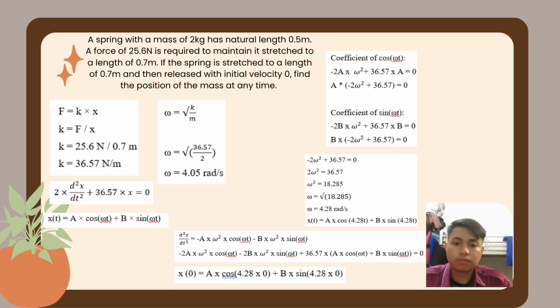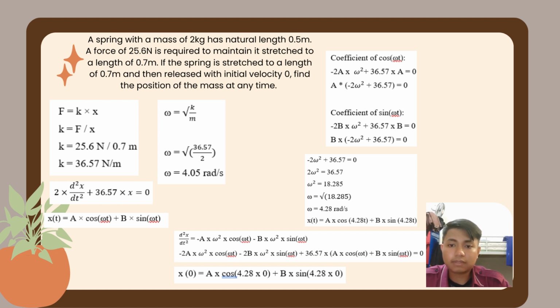So we use the formula F equal to k times x, and we insert the value of force and the x. So it will become 25.6 Newton divided by 0.7 meter, and the value of k is 36.57 Newton per meter. So we insert the value of k into the formula, 2 times d2x over dt2 plus 36.57 times x equal to 0.